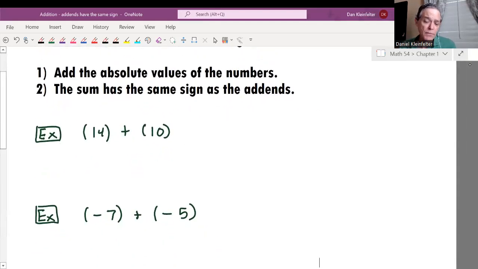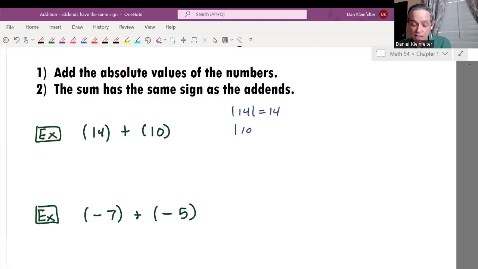Nice and easy. You add the absolute values of the numbers, then the sum has the same sign as the numbers you're adding up. So 14 plus 10, just as you've always done it, just keep doing that, okay? Unless it was on a calculator. So 14 plus 10, the absolute value of 14 is 14.